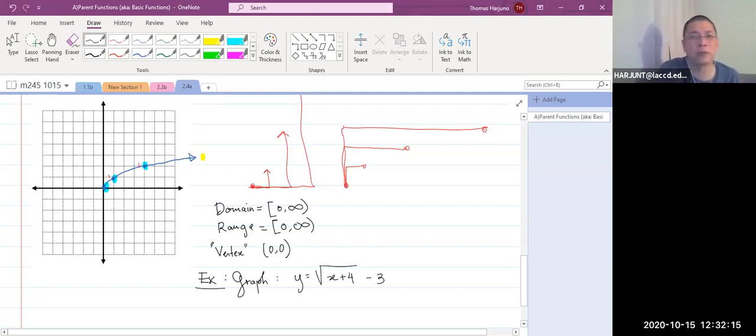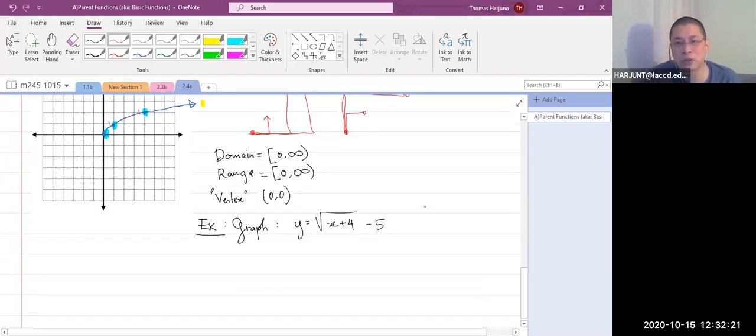Or maybe minus 5. Minus 5, why not? Notice that originally it's square root of x, right? Now replacing x by x plus 4 will move it 4 units to the left. And then when you subtract 5, you move it 5 units down.